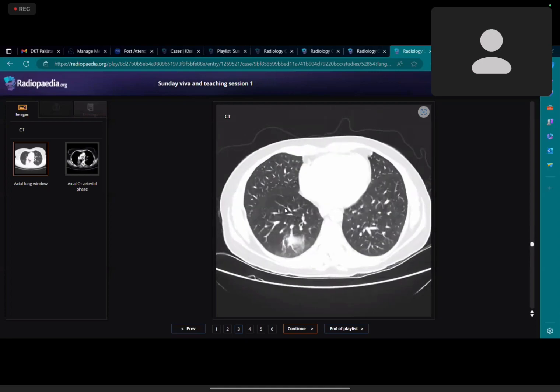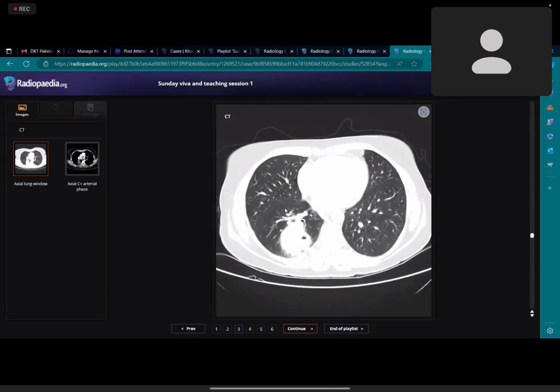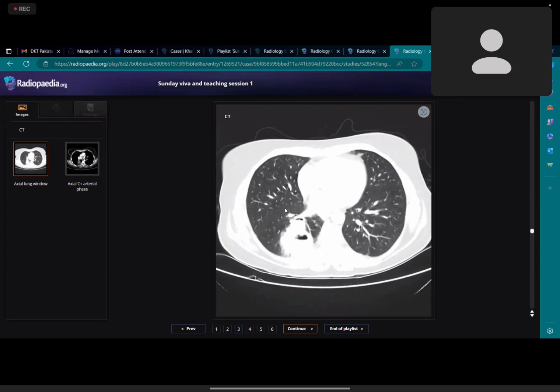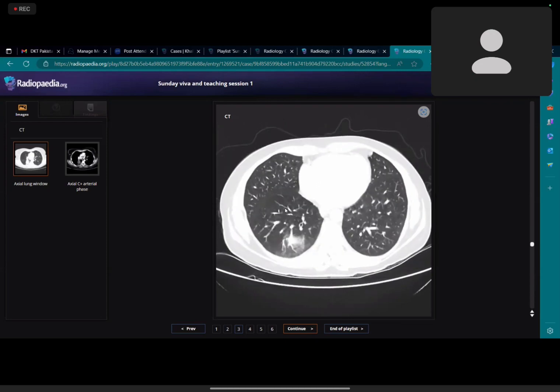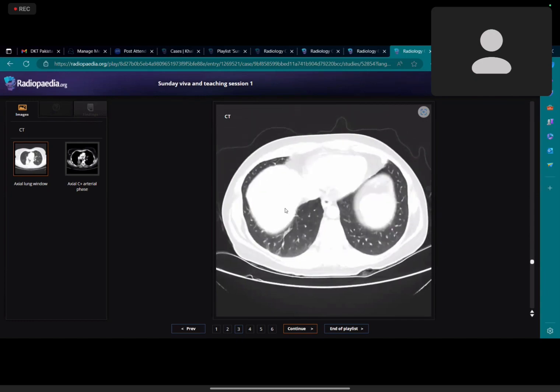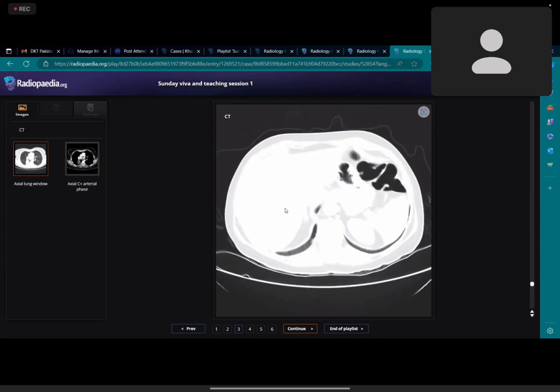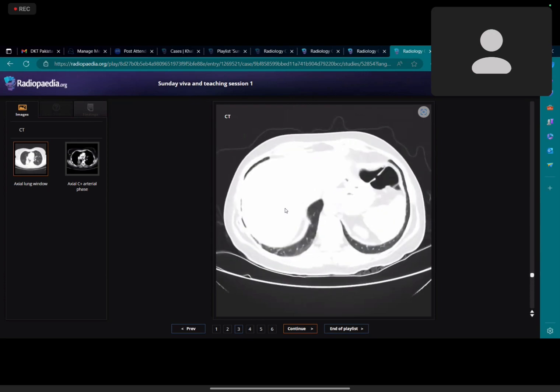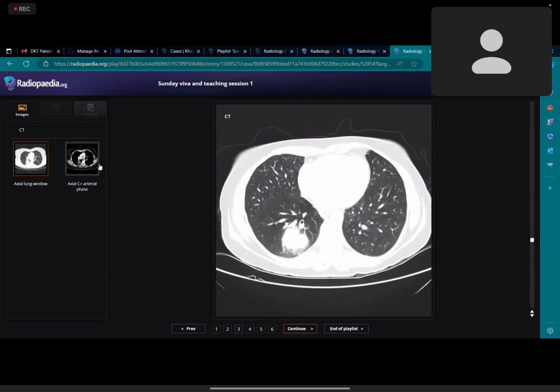It's in the apical lobe, basal lung on the right side, with associated minimal ground glass haze in the adjacent lung parenchyma. This cavitatory lesion shows an internal air-fluid level and has ill-defined margins.